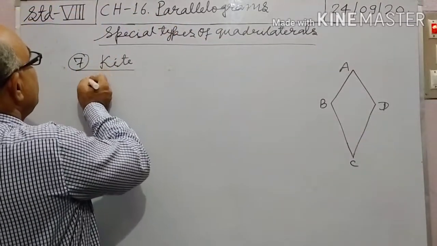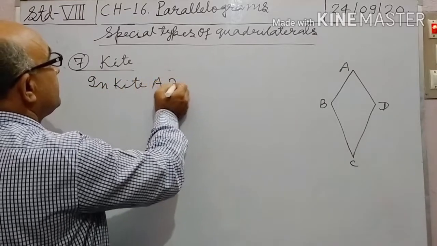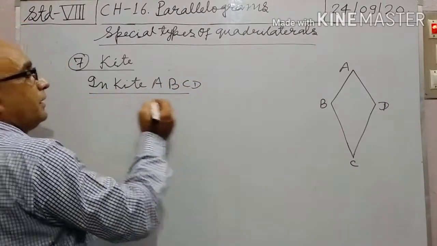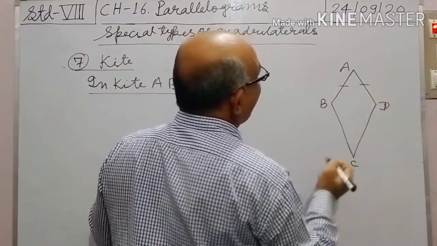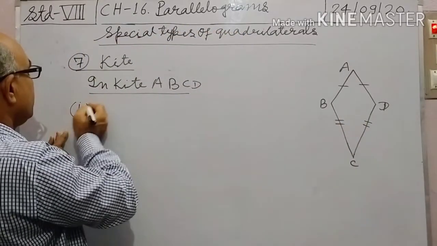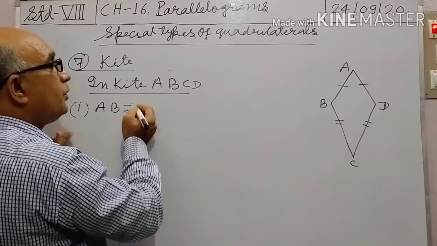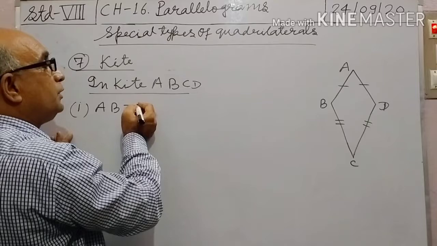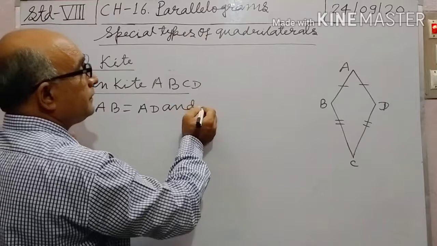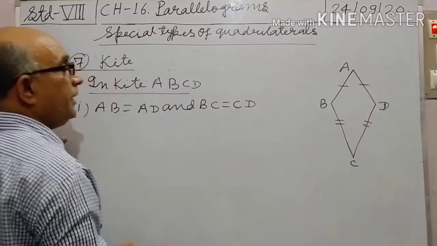In kite ABCD, first property: AB equal to AD and BC equal to CD.